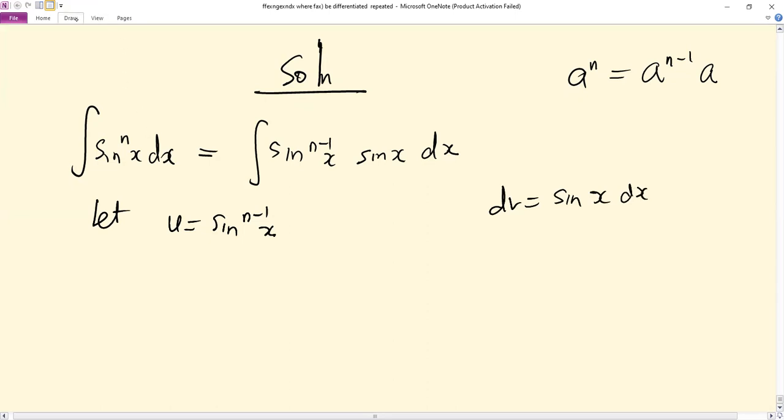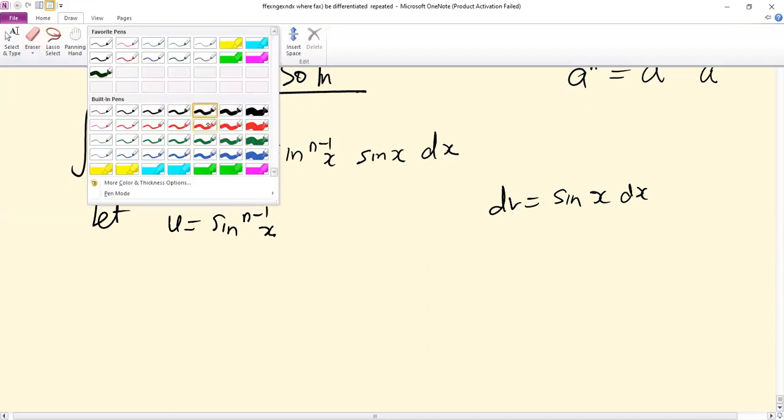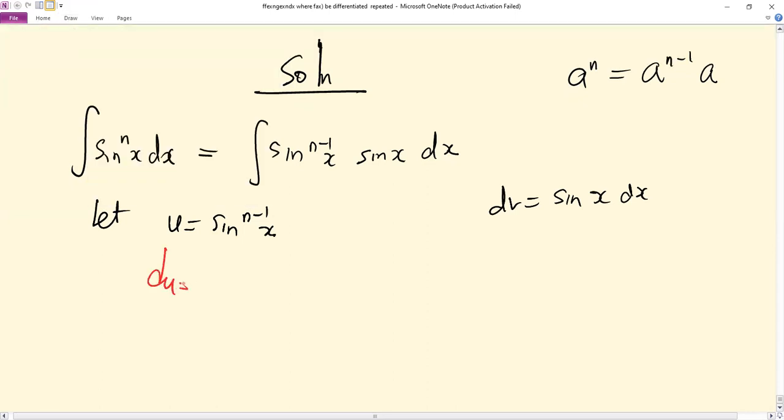Now you see du, using the chain rule, will be n minus 1 times sine n minus 2 x times cos x dx, and v, the integral of this, will be negative cosine of x.